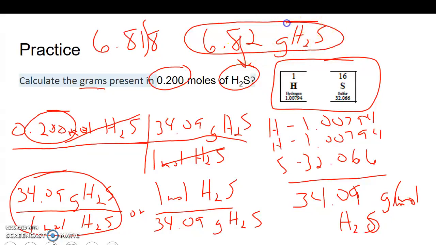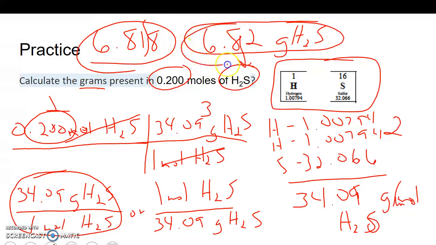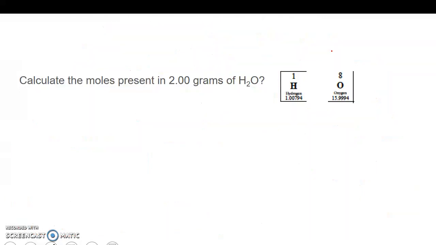So this will be my final answer, rounded and labeled. Since I'm solving for grams, I want grams in my answer. Grams of what? Grams of H2S. So my steps: write down the given, find the molar mass, set up my conversion factor, get my answer, round it, and label. Let's do another.